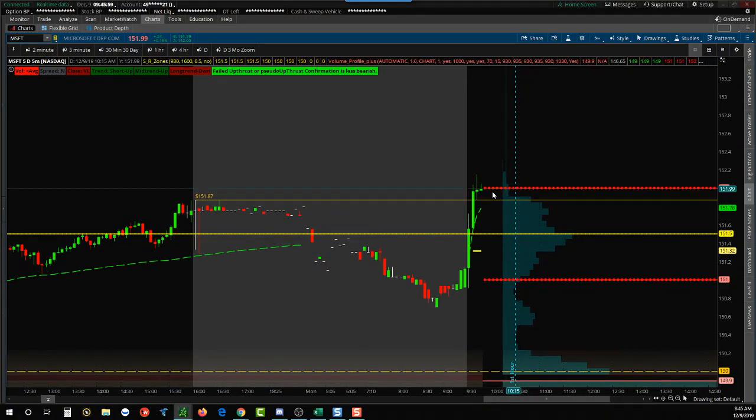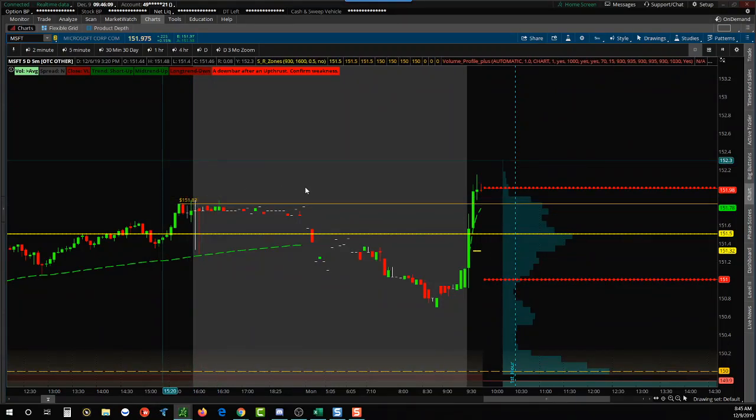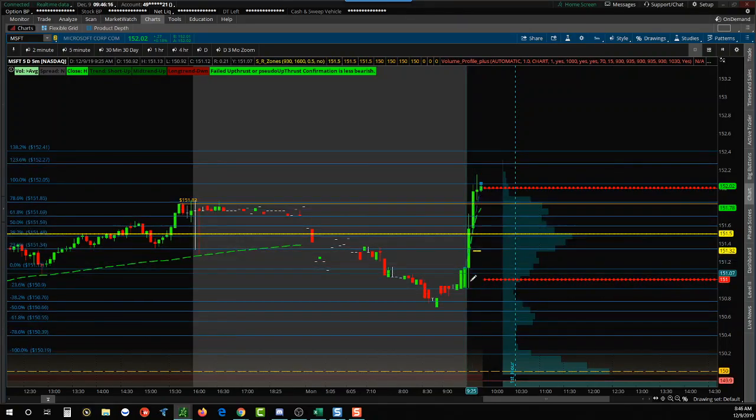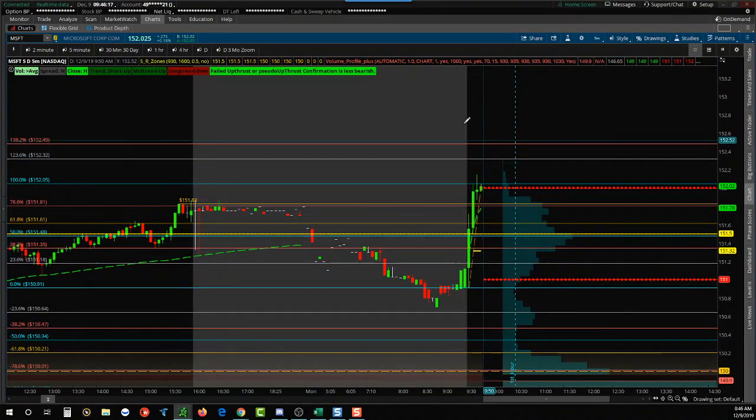Trend trade, so we'd be looking for a good clean pullback, maybe to support, which would be yesterday's price action or the Fibonacci. More often than not, they'll be the same. Pretty close. 2 pennies off.